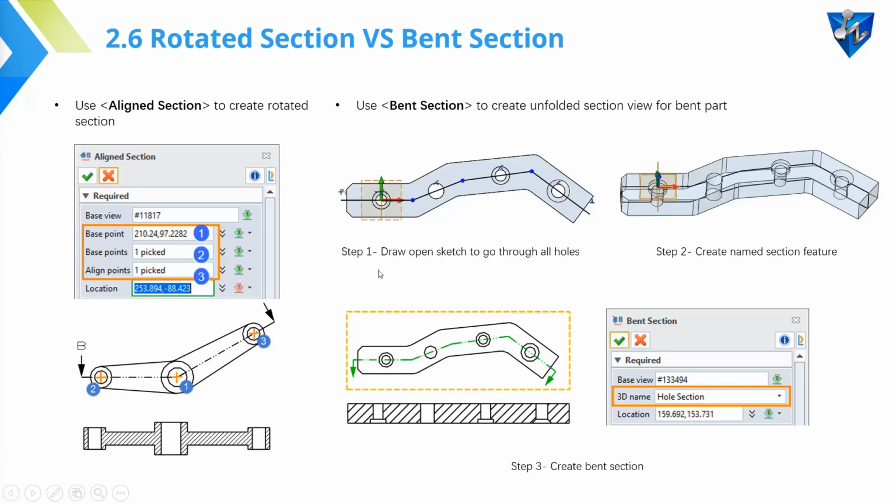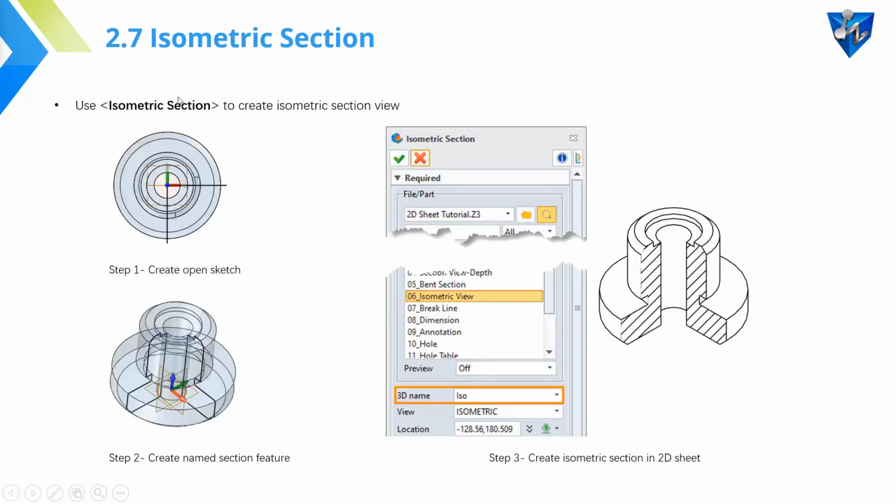Okay, the workflow is similar as the 3D named section view. Create open profile, and then create name section feature, and after that we create the corresponding section view into the join. And similar as the isometric section.